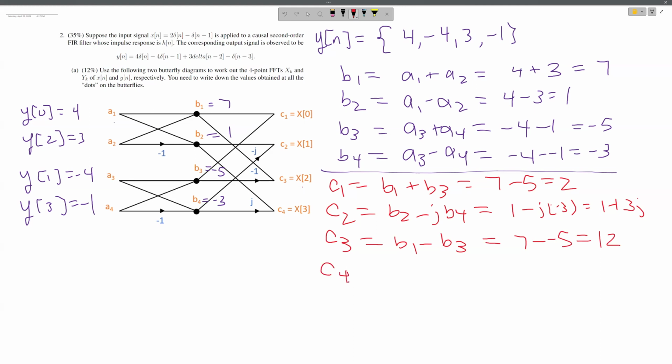C4 gets its contributions from B2 plus J times B4, so 1 plus J times -3 equals 1 minus 3J. This is just about my results: 2, 1 plus 3J, 12, 1 minus 3J. And that will be all.